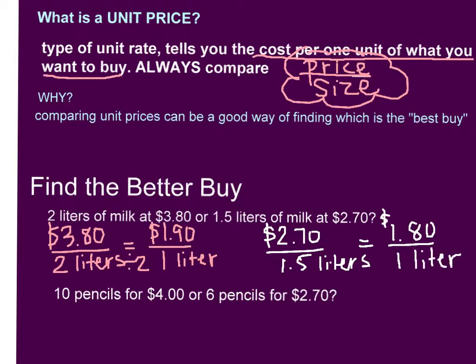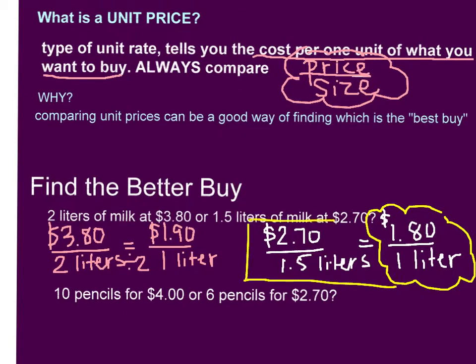And so now our last job is to compare which price is lower. Which one's the better bargain? Should we buy the one for $1.90 or the $1.80? You should be thinking the $1.80 one is the better buy. So then we conclude that it's the milk that's 1.5 liters for $2.70. That's the one that's going to give us the better buy.